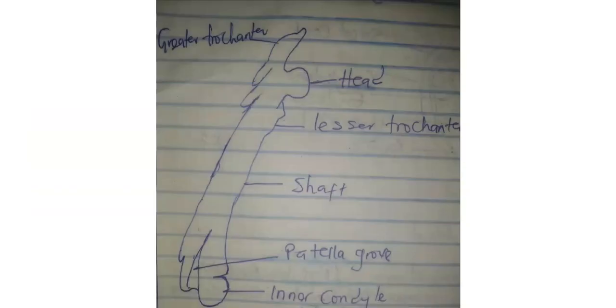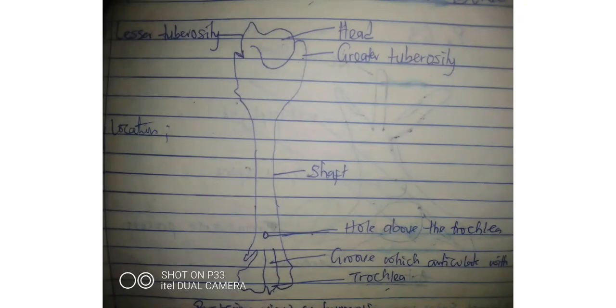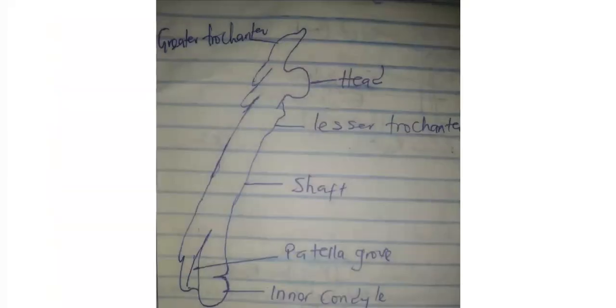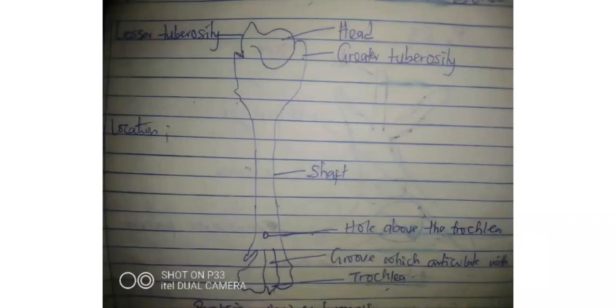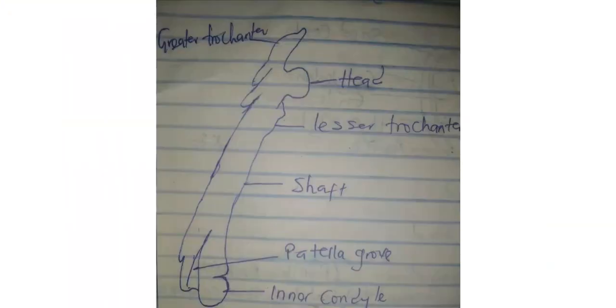Now, another difference is that the humerus bone is slender, while the femur bone is thick. Another difference is that the head is very prominent in the humerus, but the head is not prominent in the femur bone.